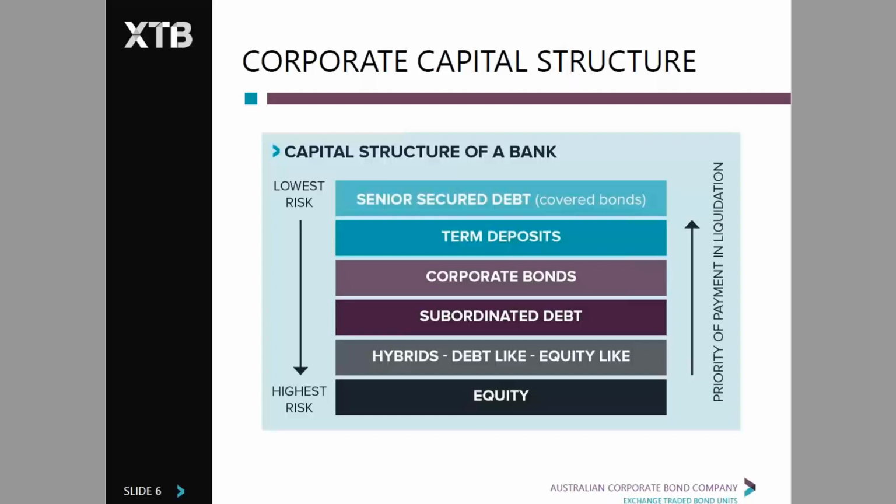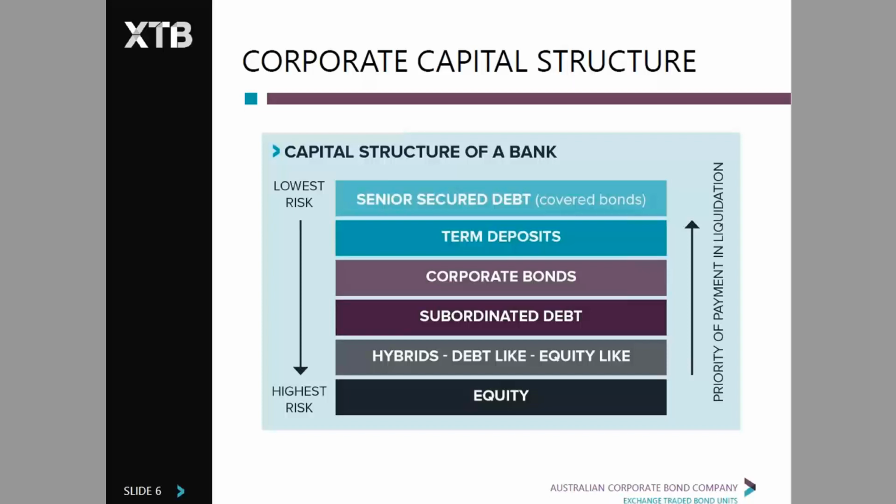What that also is, from the bottom to the top, is a chart of volatility. Equity is the most volatile in that stack, and obviously with term deposits, $100 in the bank is not volatile. It remains at $100 for the life of the term deposit. Everything else in between is degrees of volatility. So equity, as I said, about 15% since the year 2000.